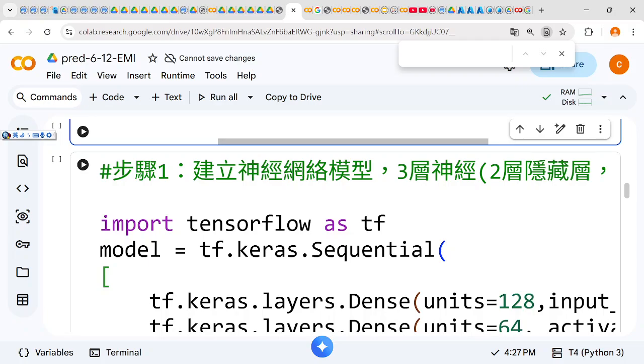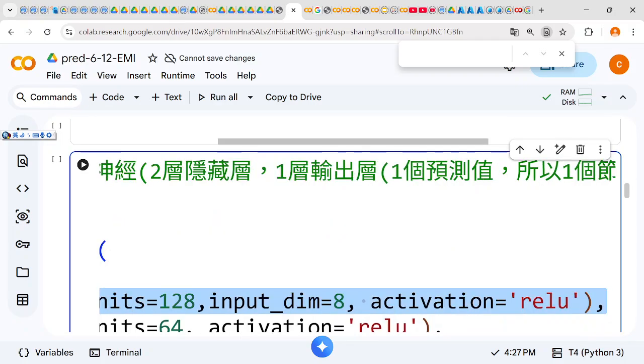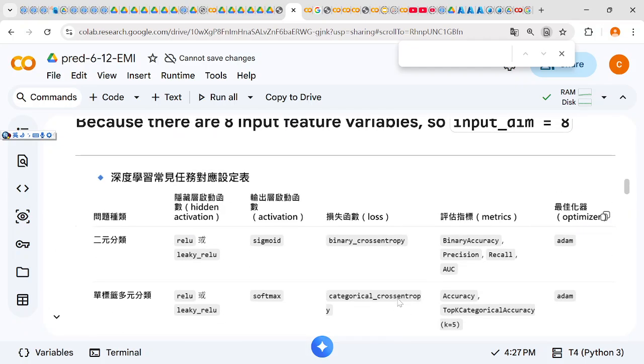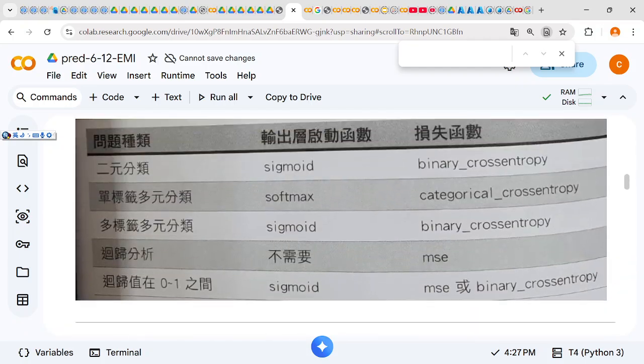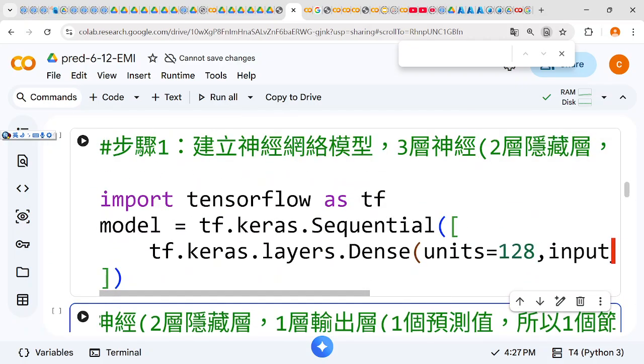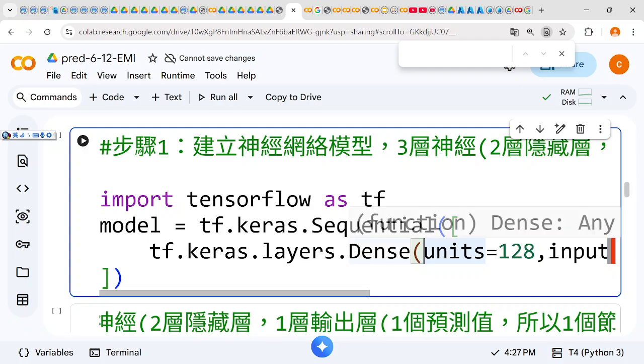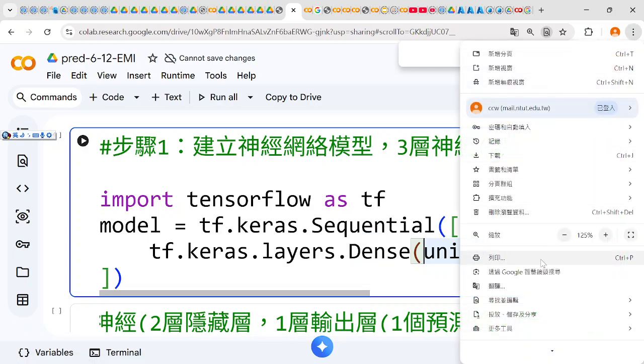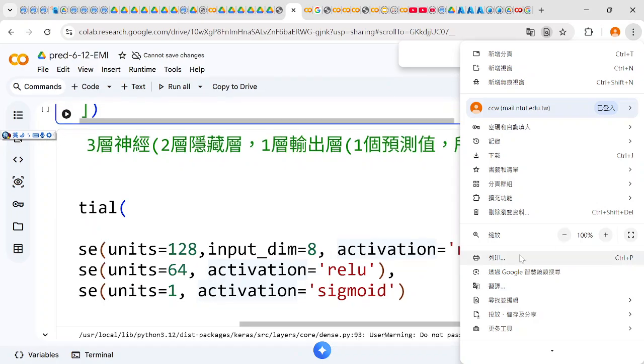Okay, let me check that over here. Input dimension is 8, and the activation... why can't I input? Okay, let me find it, because it's too large, right?